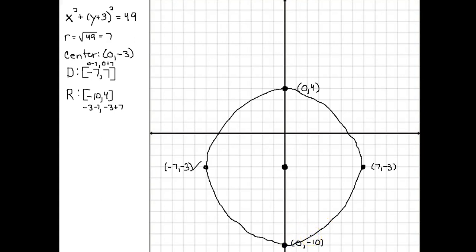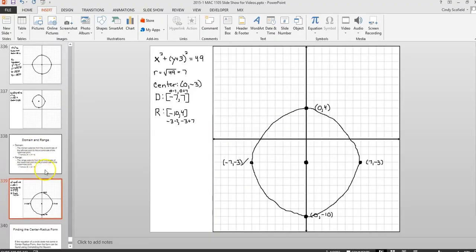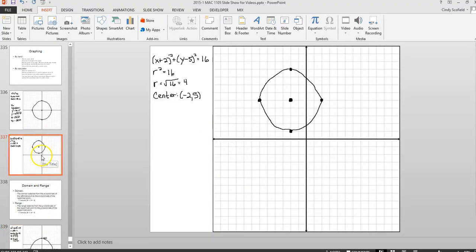But now you see what the domain and range are. And you can go back to your previous examples and you can see domain and range there too. If you go up to this example we did earlier, your radius was 4, so your domain's going to go -2 minus 4, which is -6, to -2 plus 4, which is +2. And that's exactly these 2 points' x-coordinates.